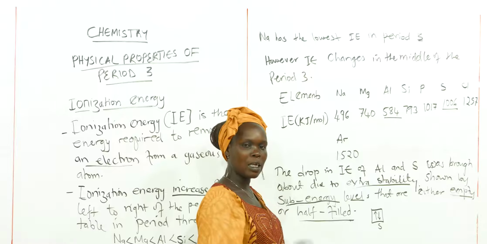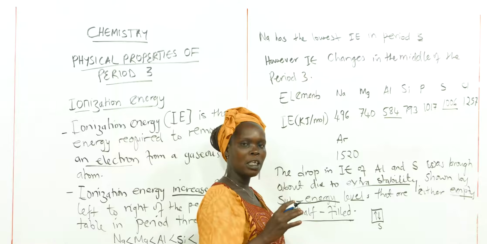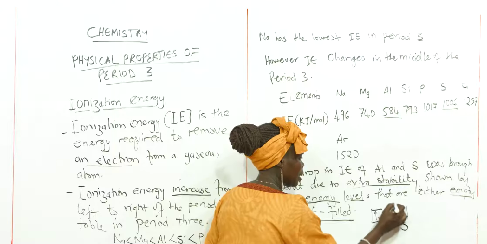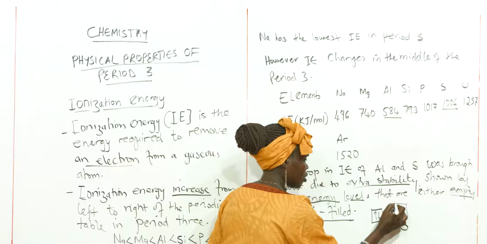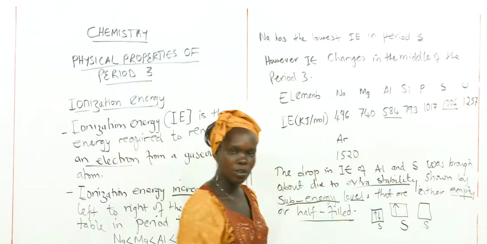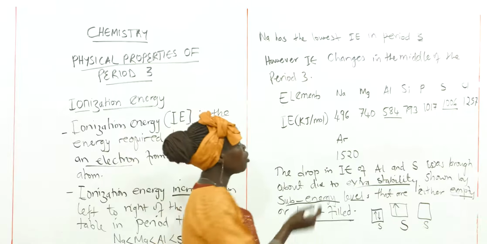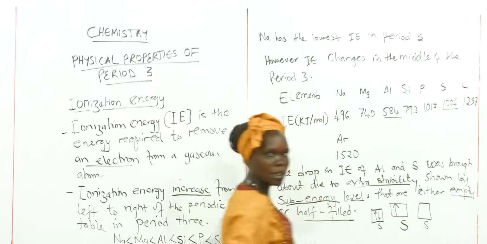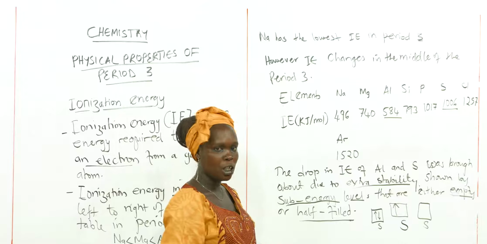So if this s occupies only a single electron, or if it doesn't have an electron or it has been removed, then it will cause a drop in aluminium or sulfur ionization energy.